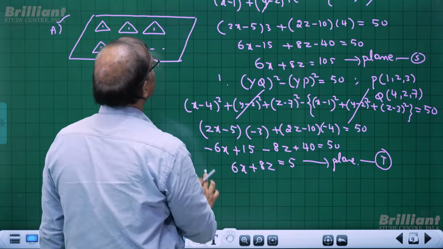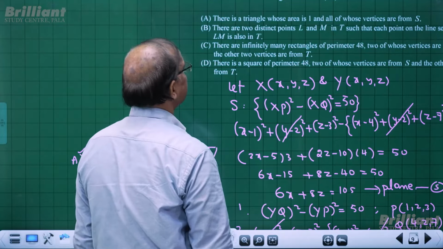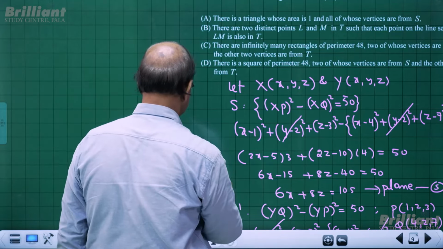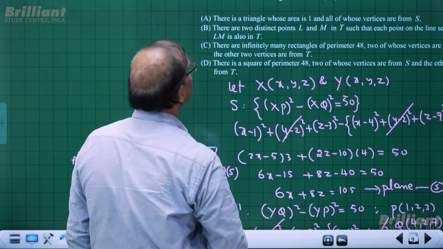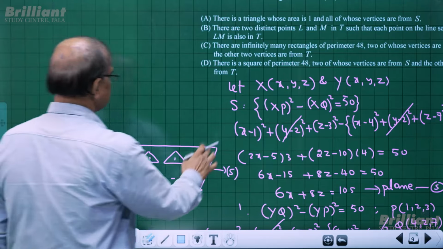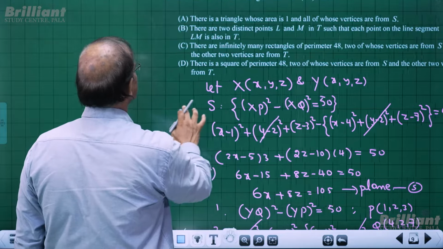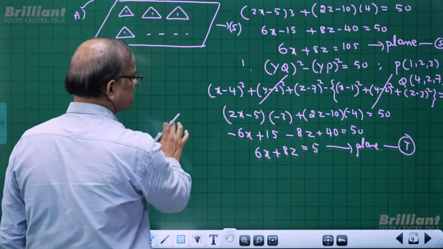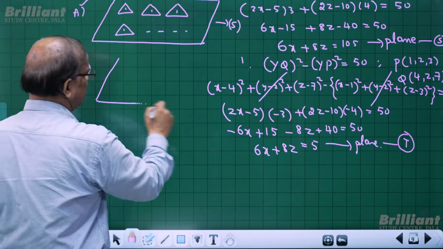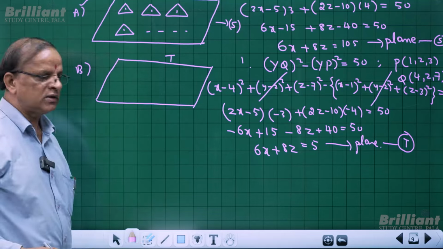Then next, B: there are two distinct points L and M in T such that each point on the line segment LM is also in T. Here T is a plane like this, the T set.